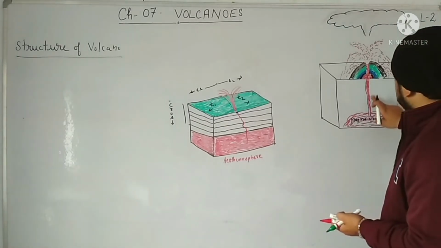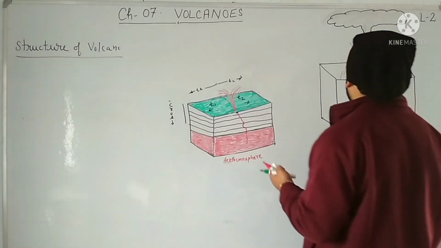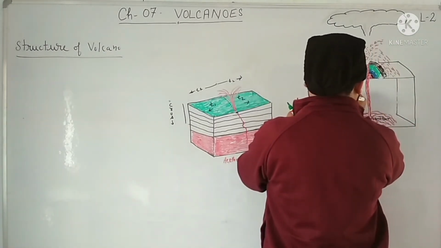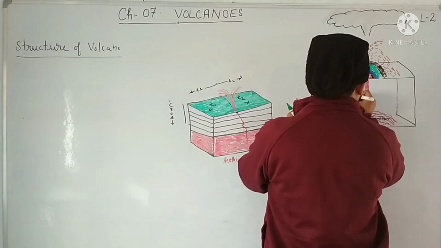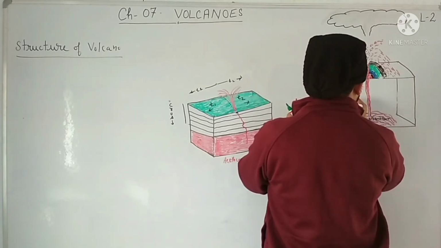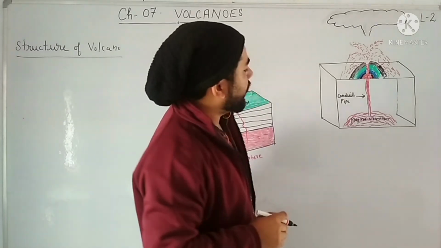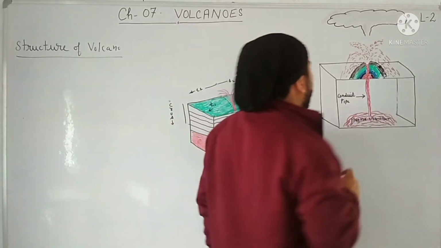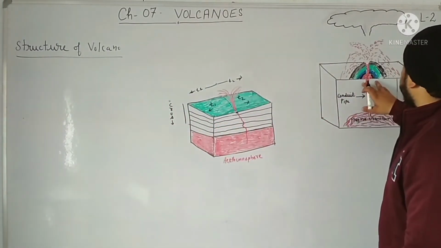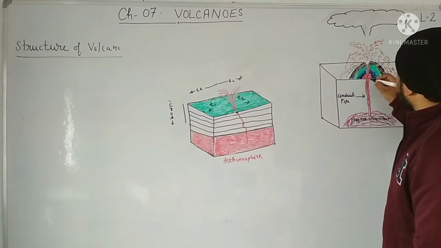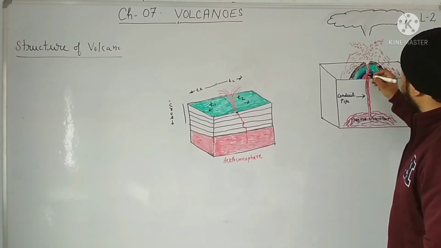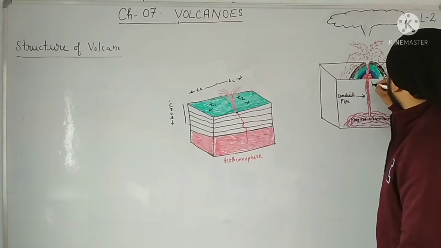And this one pipe structure is called conduit or pipe. This structure is called conduit or pipe. And here upside, this one region, the upper part of the conduit, is called throat.